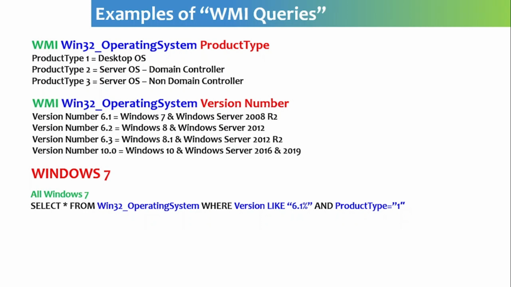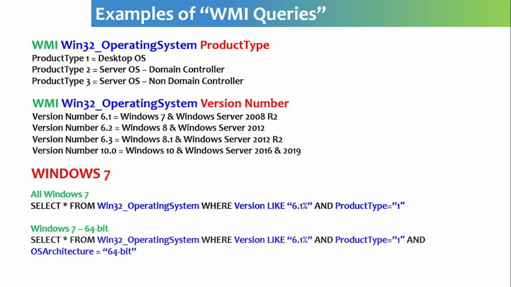I hope you have understood this example. Let's take another example. We have to target Windows 7 64-bit machines only. So we'll add one more operator over here, that is AND OSArchitecture equal to 64-bit. That's it. It is that easy. It is very simple. Let's take another example now.